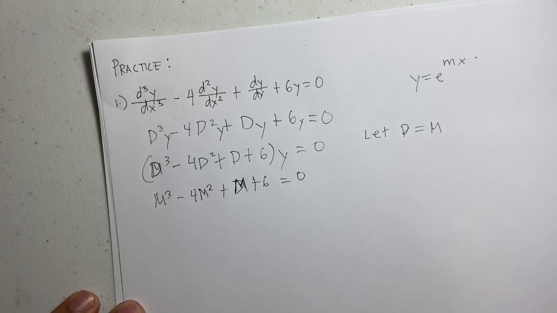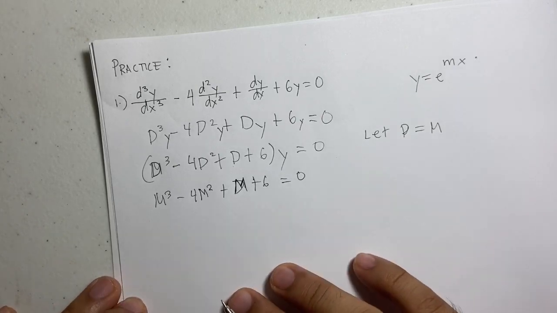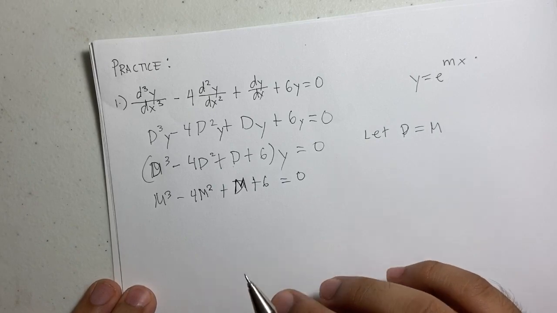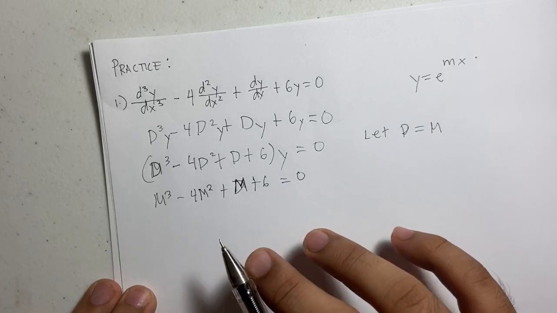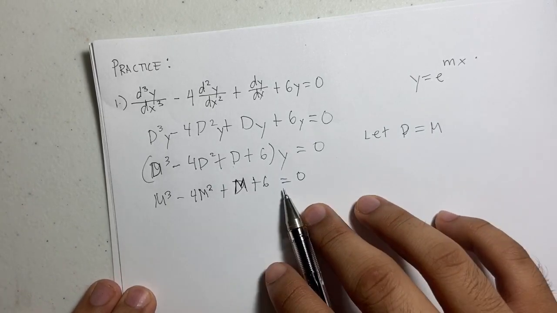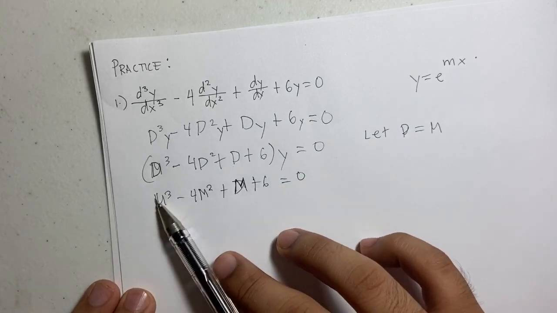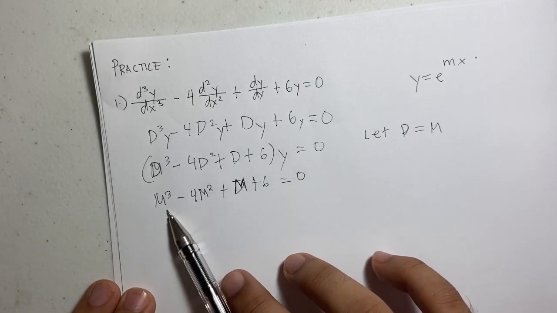Now we are going to find the root of the auxiliary equation. The root is the value that, when we substitute it in this equation, makes the auxiliary equation equal to 0. So it is given here in our equation.